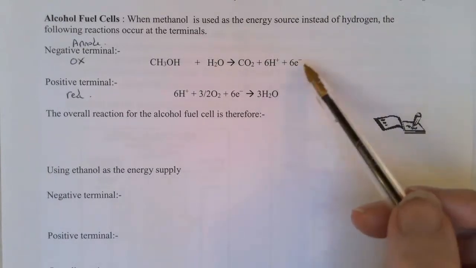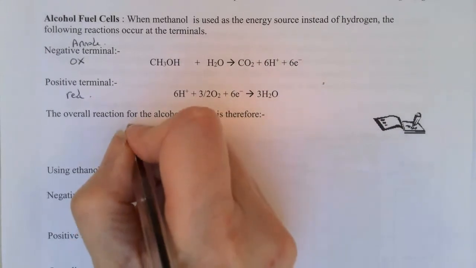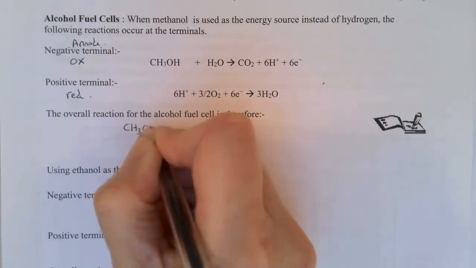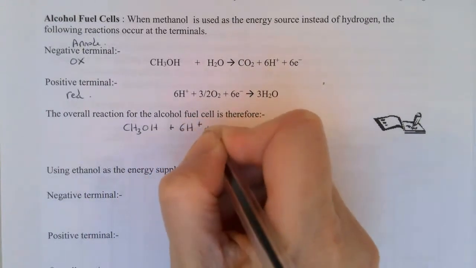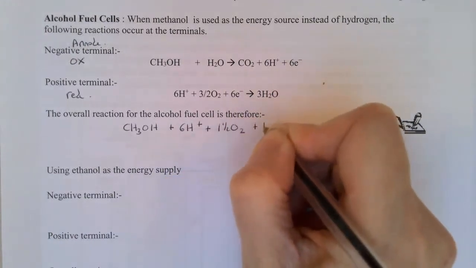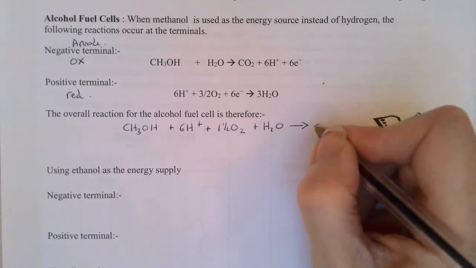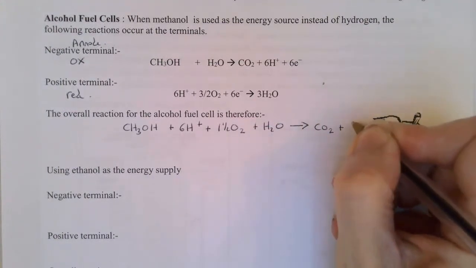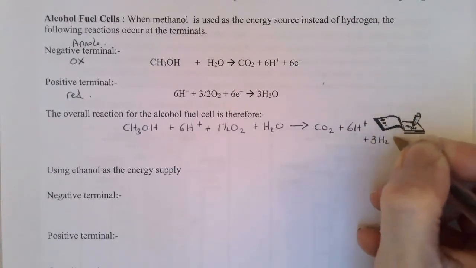Again, what I would need to do is combine these two half equations. So I have CH3OH plus 6H positives plus 1.5 O2 plus H2O goes to CO2 and 6H positives and 3H2O.